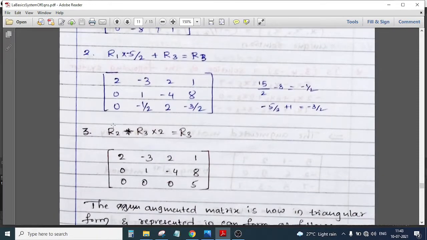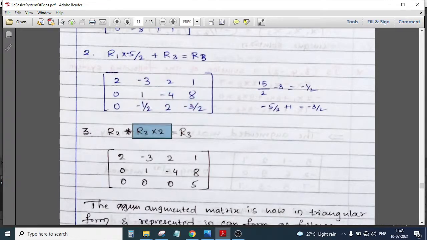Next, you will be replacing R2 with R2 plus R3 into 2. Why R2 plus R3 into 2? Very simple, friends. X1 has been eliminated. Recall your triangular method. Once one coefficient has been eliminated, you can make use of these two equations. So just multiply your R3 with 2.